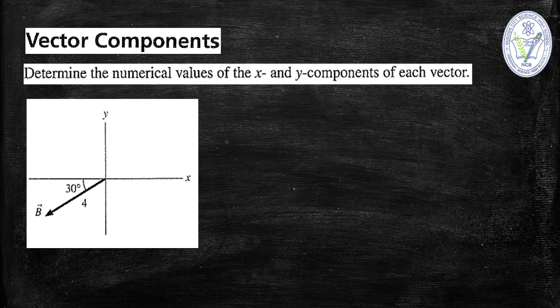So since vector B is located at the third quadrant, we can say safely that the signs of its components would be both negative.